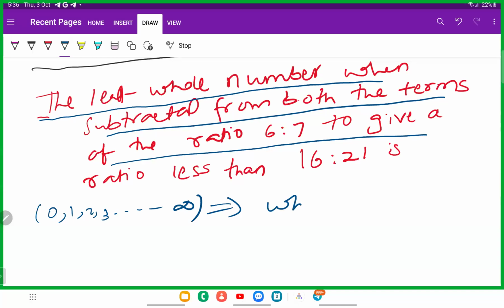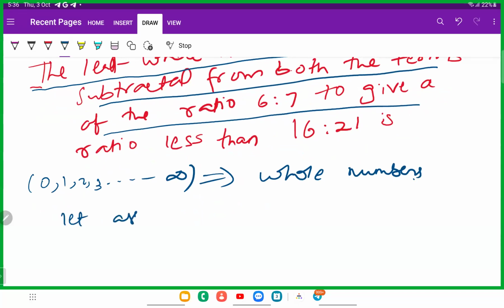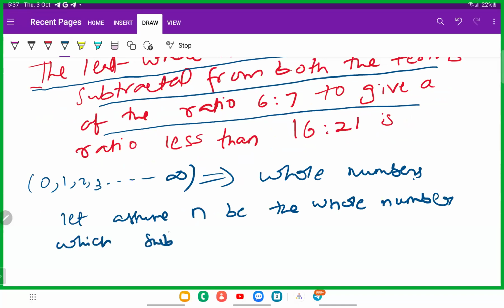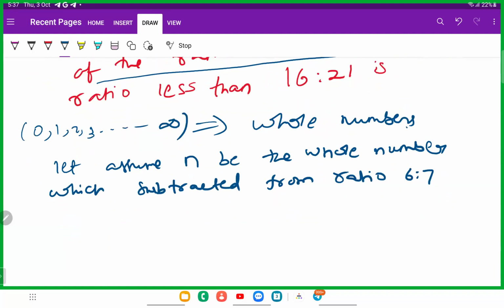And what is clearly mentioned is, let us assume n be the whole number which is subtracted from the ratio 6:7, so that the resultant ratio is less than 16:21.